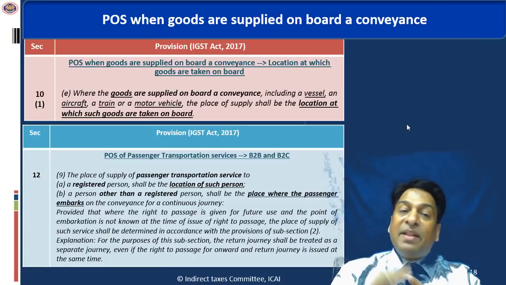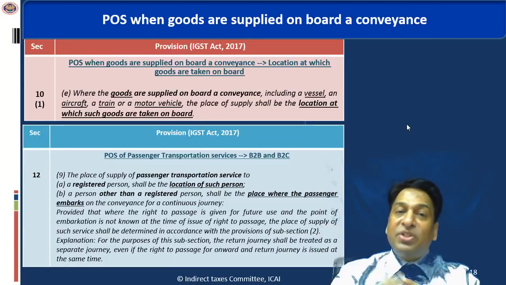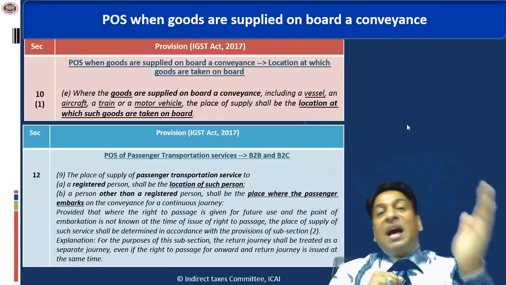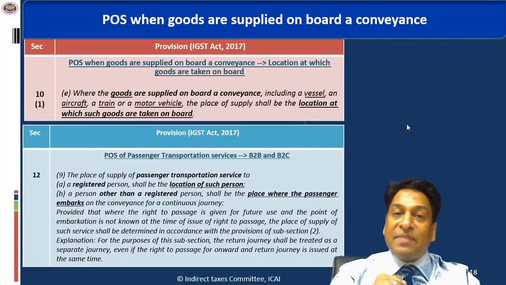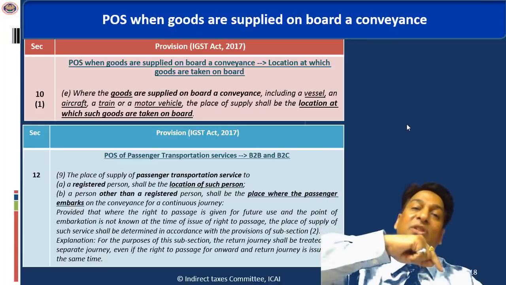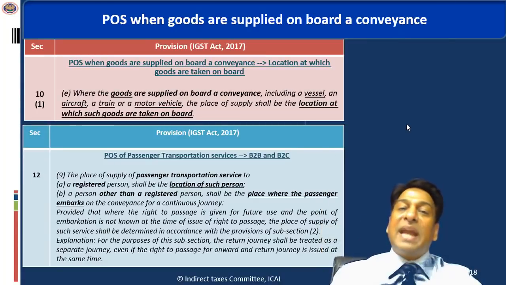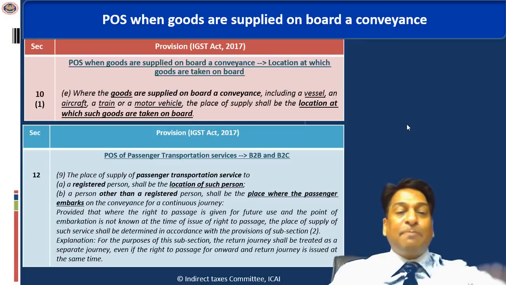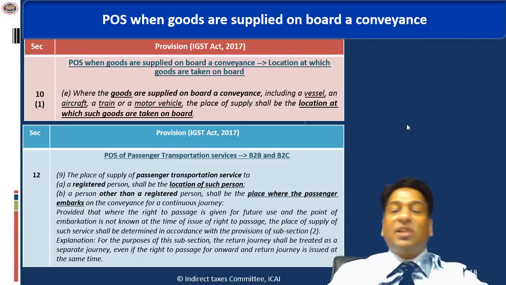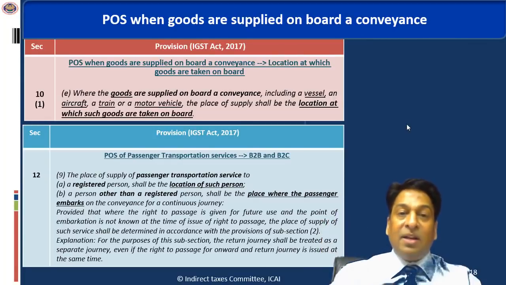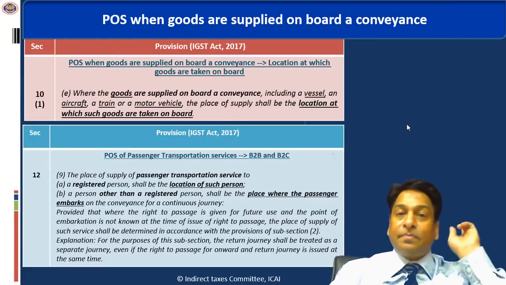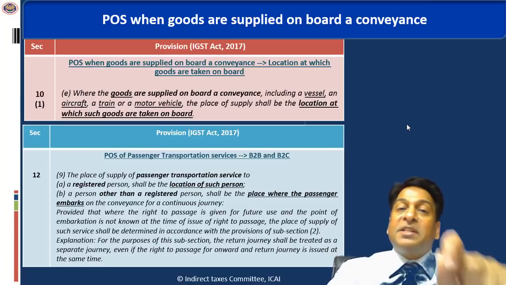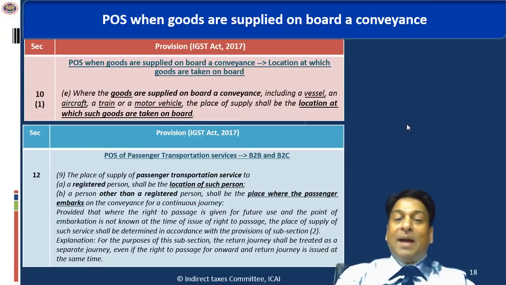But what happens when there is a transportation of passengers? Passengers are being taken for passenger transportation services. What is the place of supply? We have to go back to section 12, subsection 9, and it clearly says place of supply for passenger transportation services is, if it is to a registered person, B2B, then location of recipient would be the place of supply.